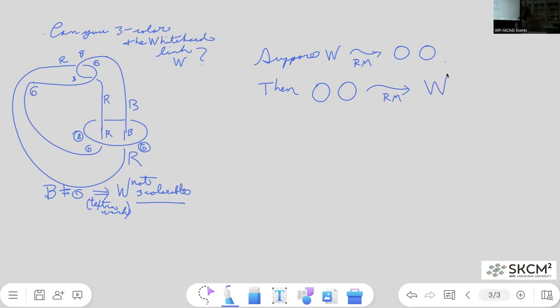So there would be a sequence of Reidemeister moves from the trivial link to W. Now, color the trivial link. Then you would have red and blue, for example. And then induce colorings.